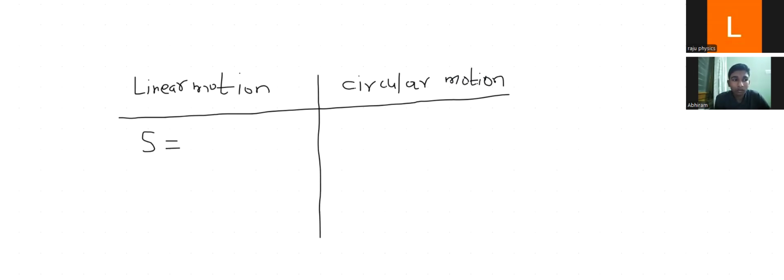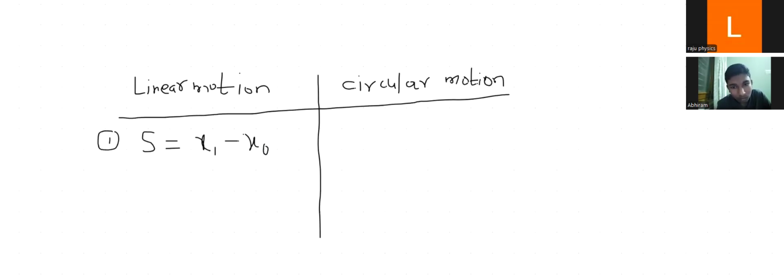Displacement means the shortest distance, which is the final point minus the initial point. For example, the final point I am writing as x1, and the initial point as 0.